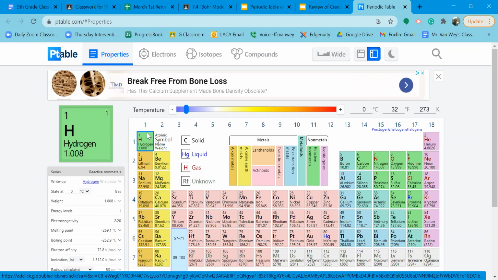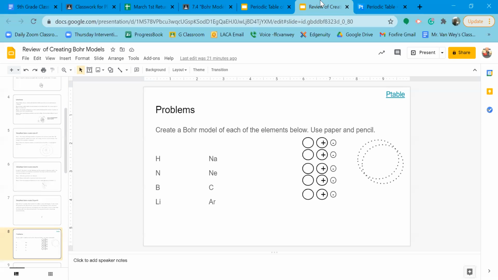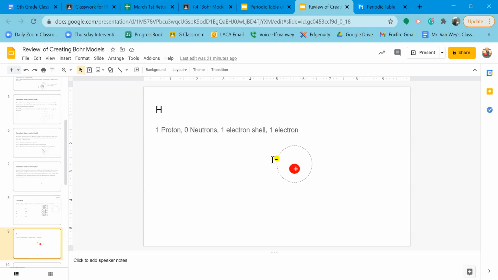On average, it does not have a neutron. 8 times out of every 1,000, it will have a neutron. So for hydrogen, we're going to draw a proton on its own, and we're going to draw an electron shell, and we're going to draw the 1 electron on that shell.